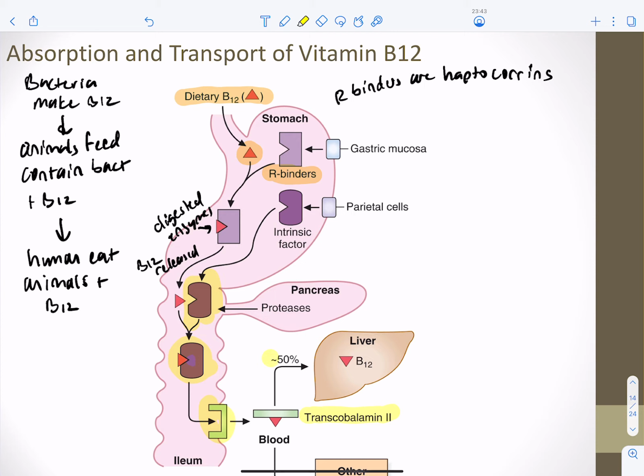The liver will take up about 50% of this, and then the liver will store this. Storage of vitamin B12 can be for up to 3 to 6 years.